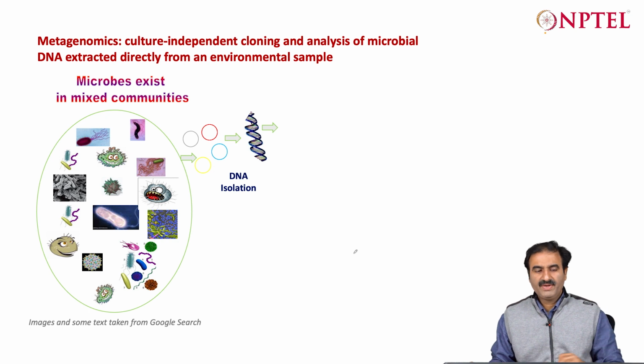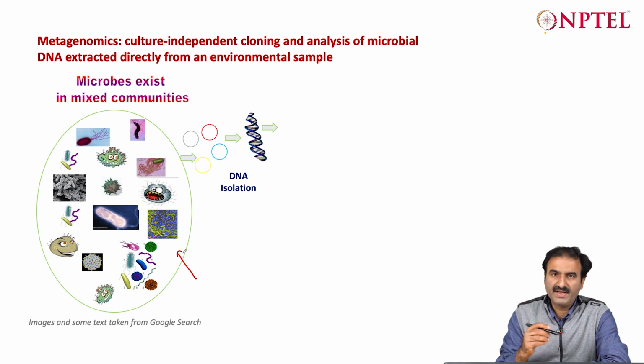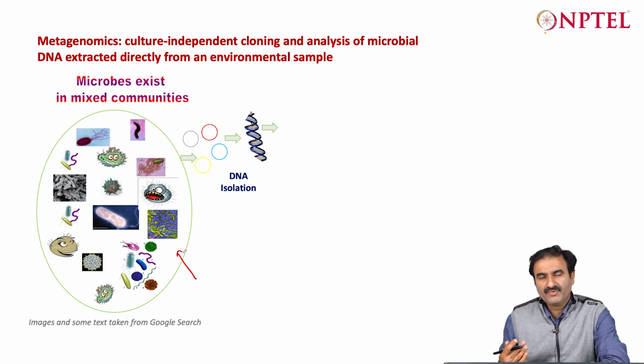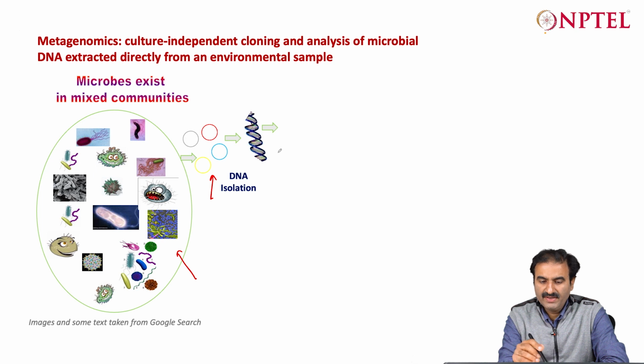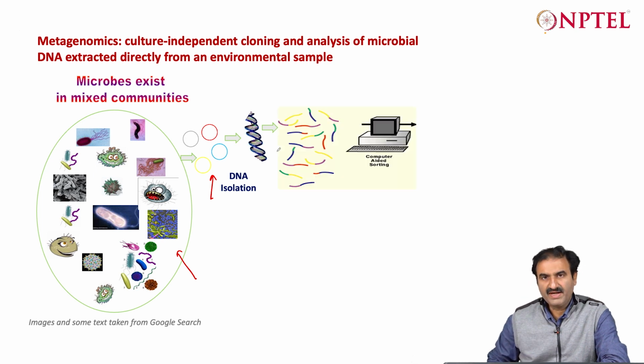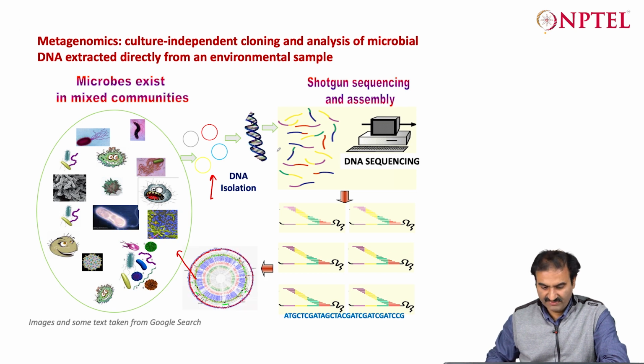Okay, so what we do in metagenomics is a culture independent method, so you don't need to culture the bacteria or clone it or anything like that. Basically we take an environment that might contain millions of microbes and many copies of each microbe. We extract the total DNA from those microbes, fragment it and sequence it, and after that we go for the analysis of those microbes.